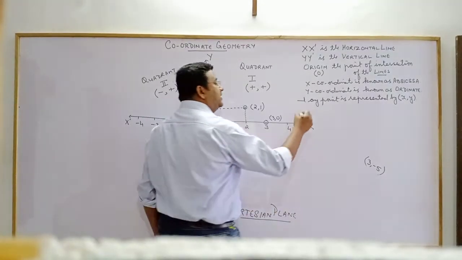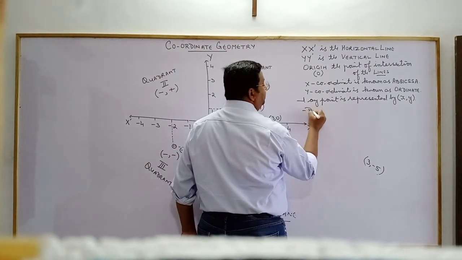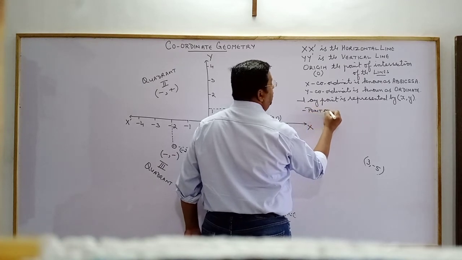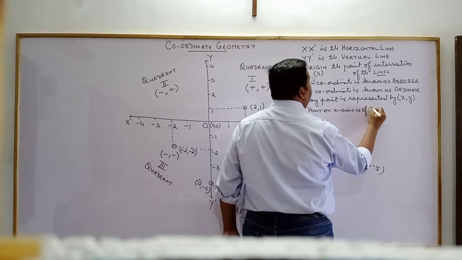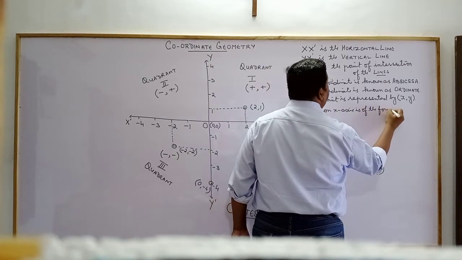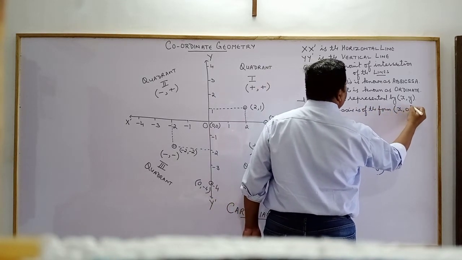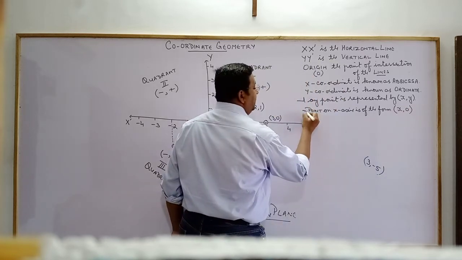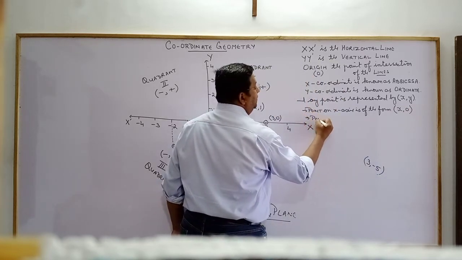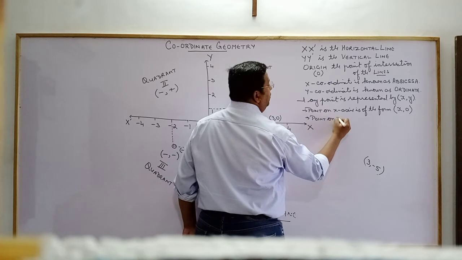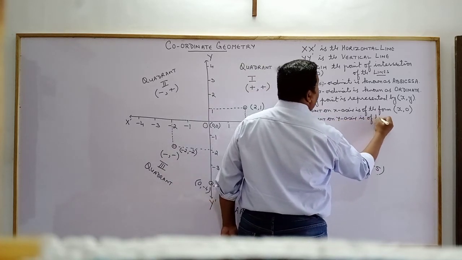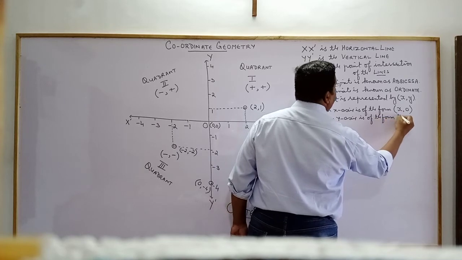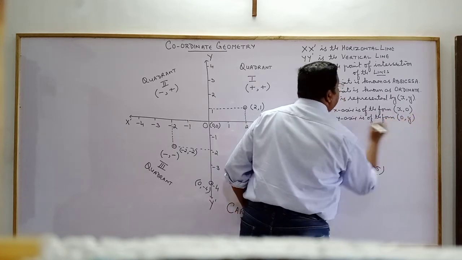So that means a point on x axis is of the form x comma 0 and a point on y axis is of the form 0 comma y.